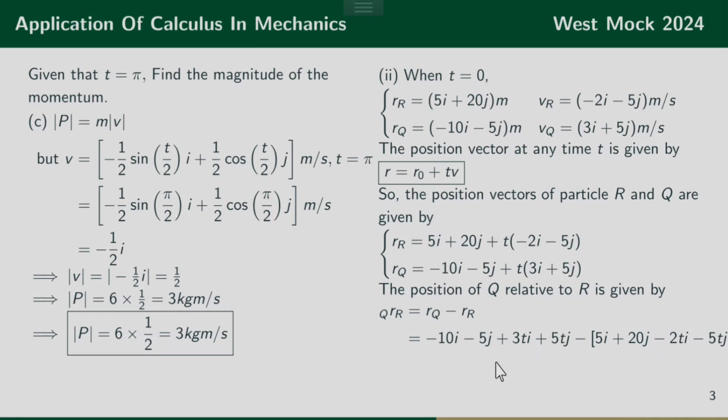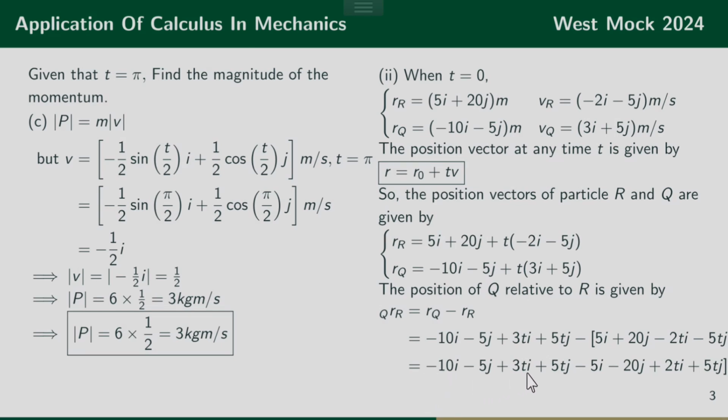So I subtract. I'm just going to open the brackets by multiplying negative to each term. So I'll be having negative 10i minus 5j plus 3ti plus 5tj minus 5i minus 20j plus 2ti plus 5tj. I have just distributed t into the bracket before bringing the terms together. Now I can bring like terms together, terms in i together.